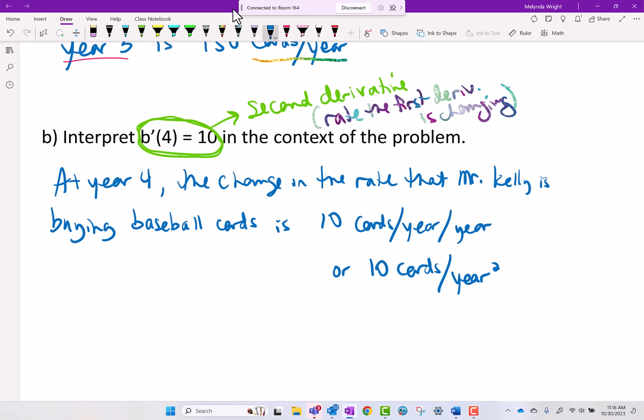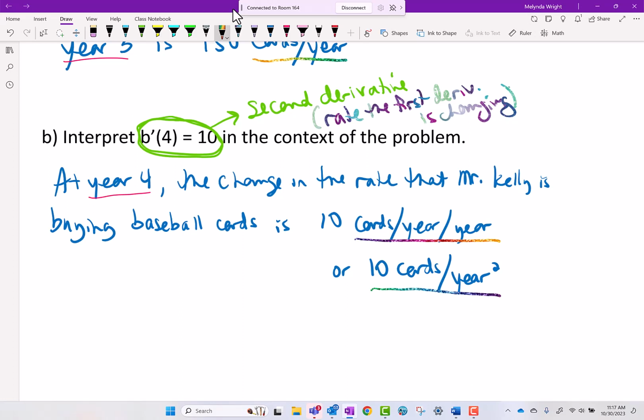So let's go through the NUT, the noun unit. Here's my time. Time is year 4. My units are a little strange. This is like the second derivative units, so what you would have is an item per time per time. In this case, the item is cards. It could be meters, but it's cards. Cards per year, or again, you could write it as cards per year squared. That's our unit.